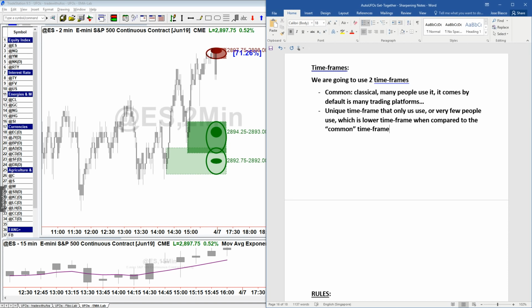So our unique time frame will always be a time frame which is lesser. For example, 2 is less than 15, right? So let me see your suggestion.